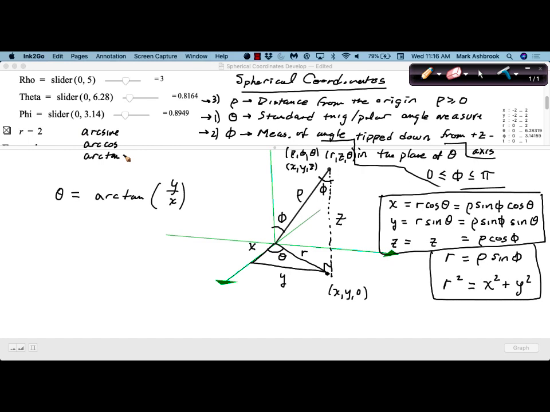Arcsine always spits out an angle between negative pi over 2 and pi over 2, covering all possible y coordinates. Arccosine covers all possible x coordinates. What range of angles is that? 0 to pi. And arctangent covers all possible slopes or rates of change.